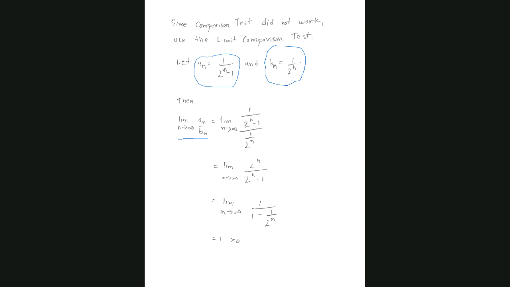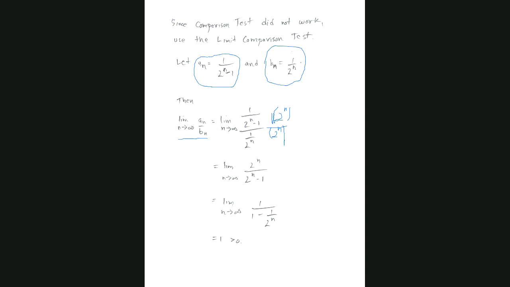I have a complex fraction here in the first step, so I'm going to multiply the top and the bottom by 2 to the nth power. This gives me the limit as n goes to infinity of 2 to the nth over 2 to the nth power minus 1.